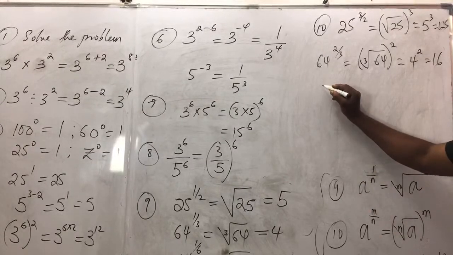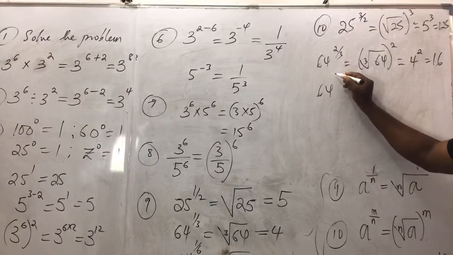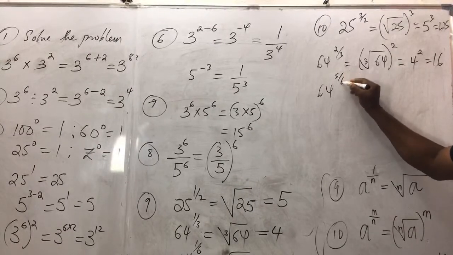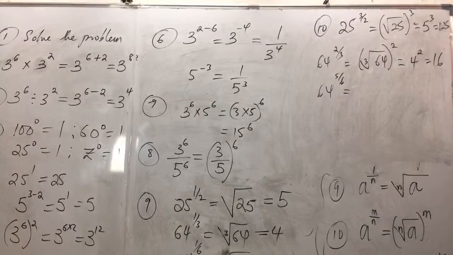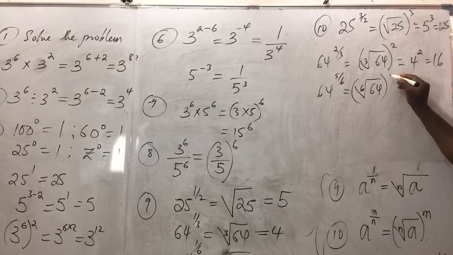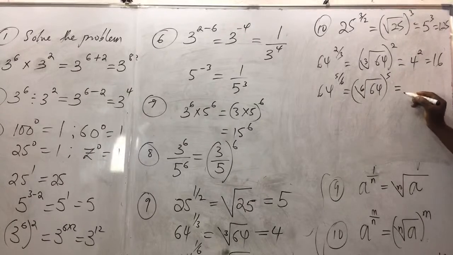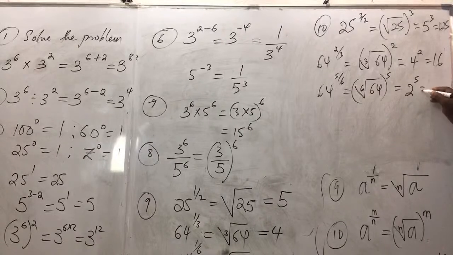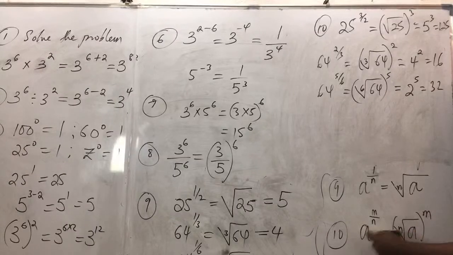Now, what about 64 raised to power, let's say 5 over 6? 64 raised to power 5 over 6 will give you the 6th root of 64, which is, of course, 2, raised to power 5. And that gives us 32. So these are problems that can be solved using law number 10.